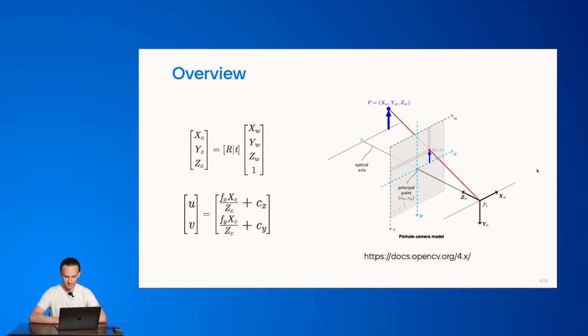Further to the right, there is a smaller arrow, blue as well, and it's the image of this object on the surface of the photosensitive matrix. It is characterized by two values, u and v, and it's a planar point.